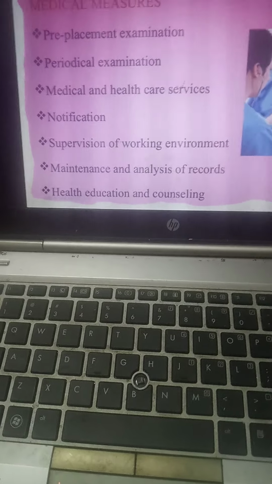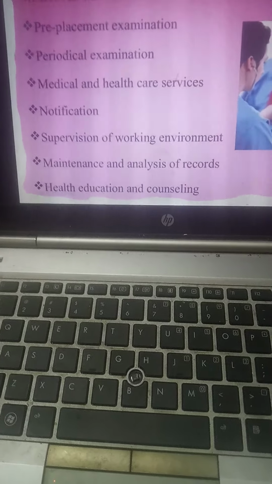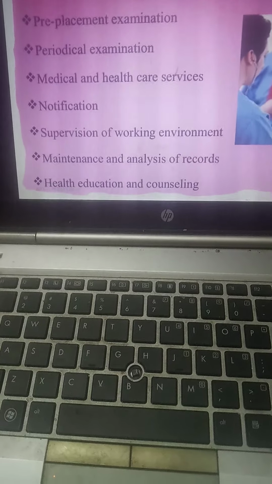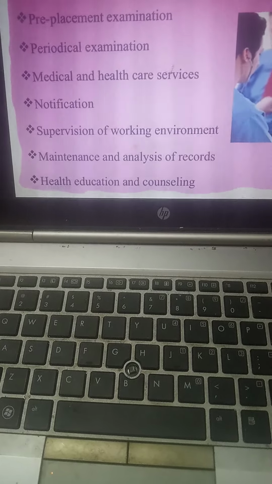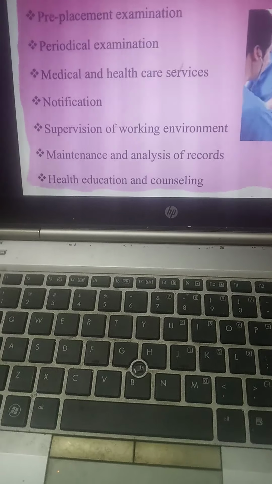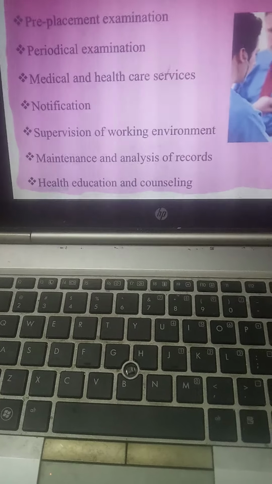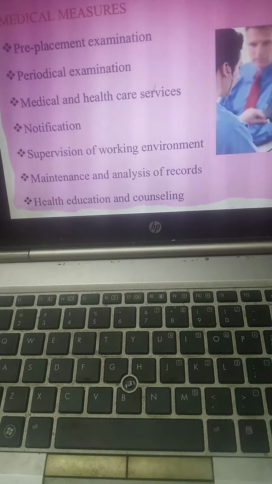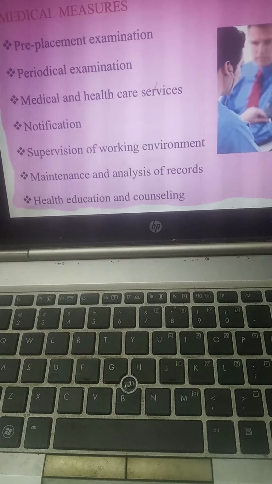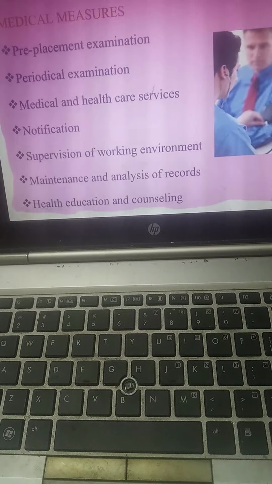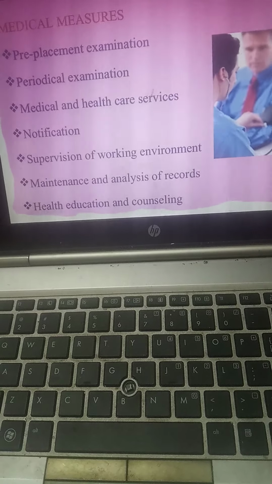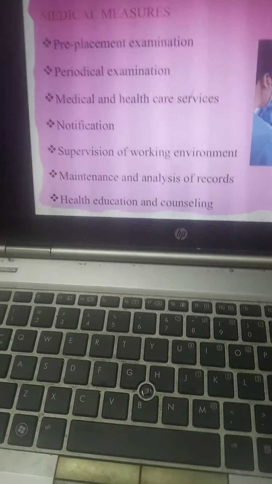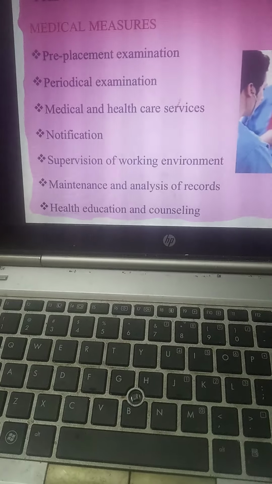Now, usually periodical examinations are done annually, but in certain industries which are more prone to adversely affect employees' health, monthly examinations are also indicated. For example, in lead, toxic dyes, radium, etc., we recommend monthly examinations.